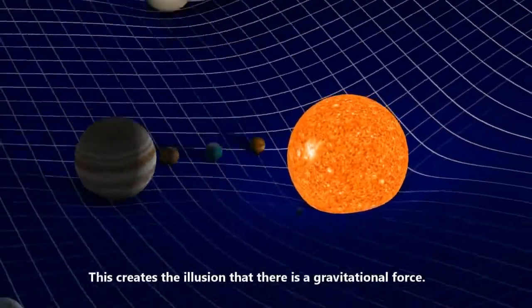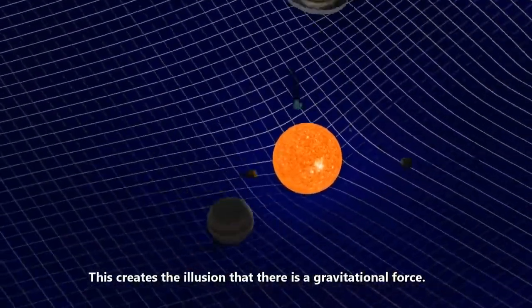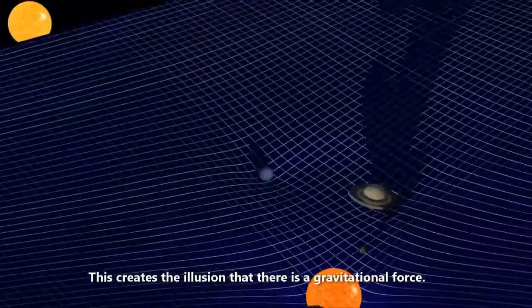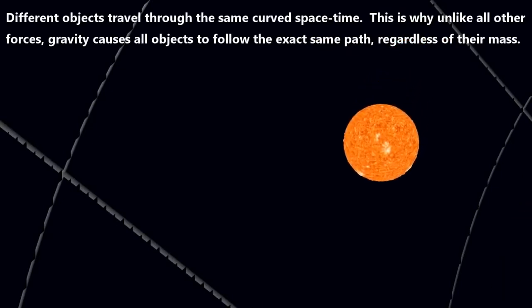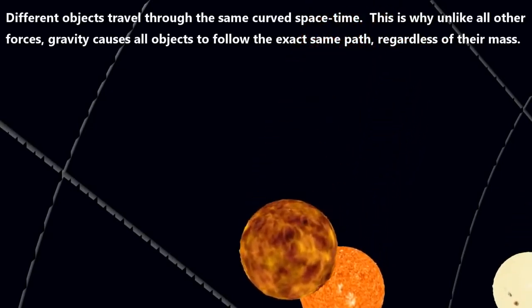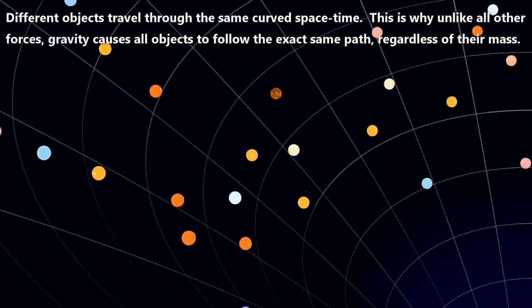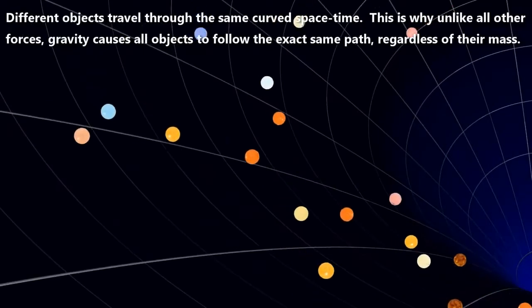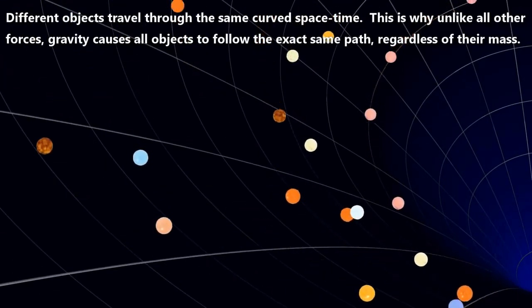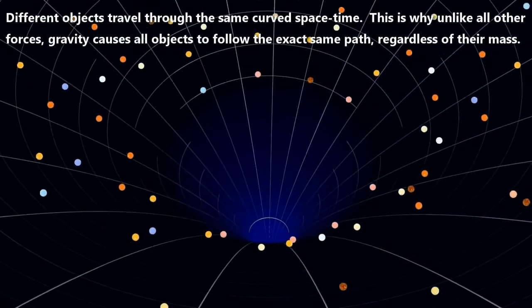This creates the illusion that there is a gravitational force. Different objects travel through the same curved space-time. This is why, unlike all other forces, gravity causes all objects to follow the exact same path, regardless of their mass.